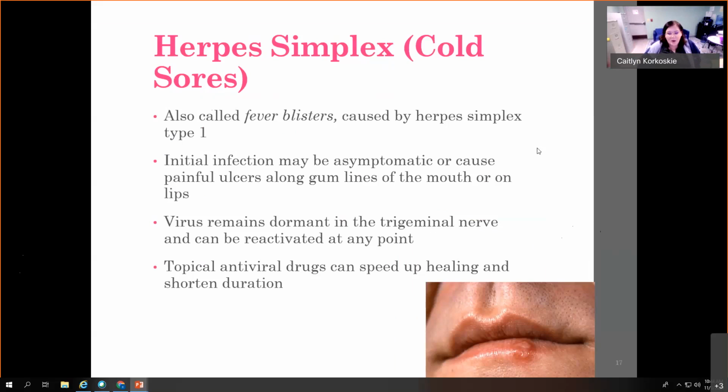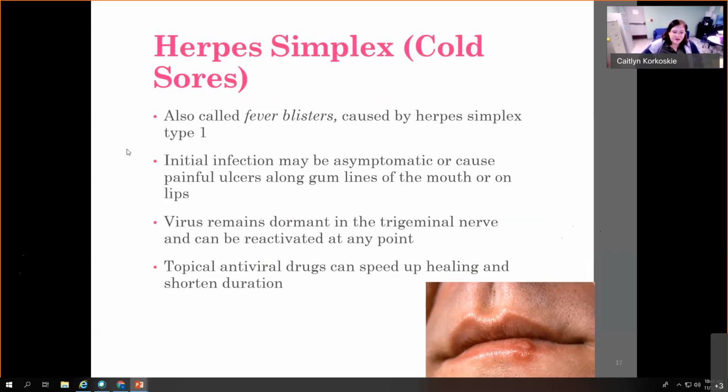Herpes simplex type 1 is the cold sores you're going to see on the lips or around the mouth. Sometimes it can be inside the mouth as well. But usually someone can have this and not even know it for a really long time. They may never even have symptoms or any painful ulcers.